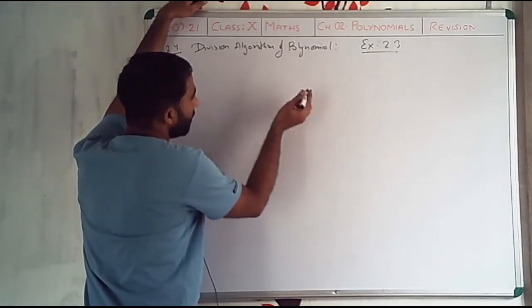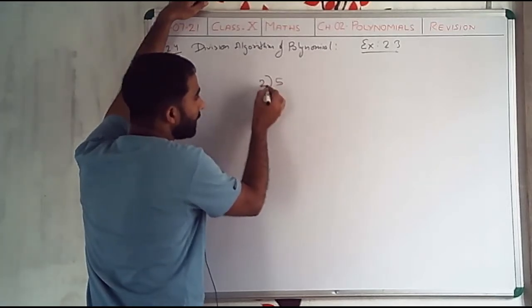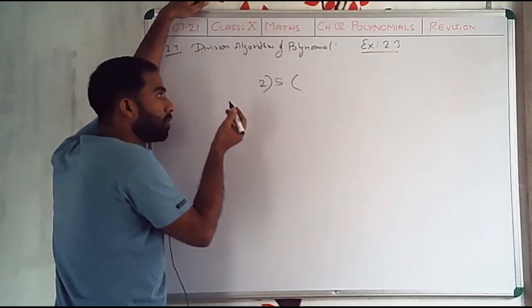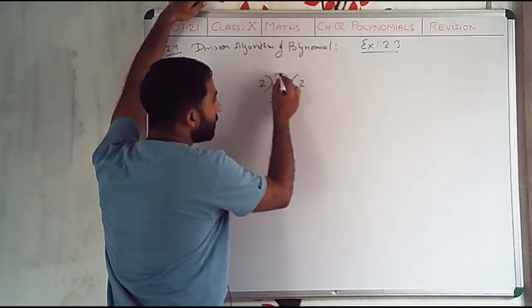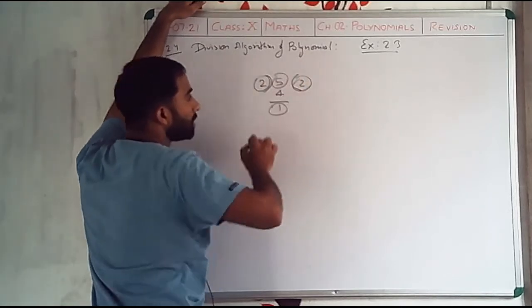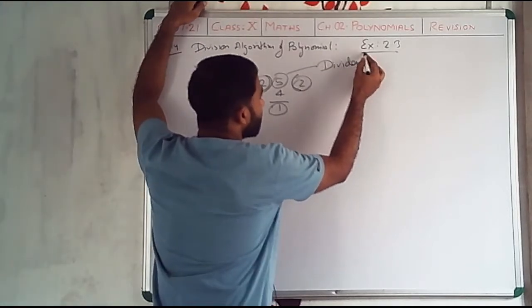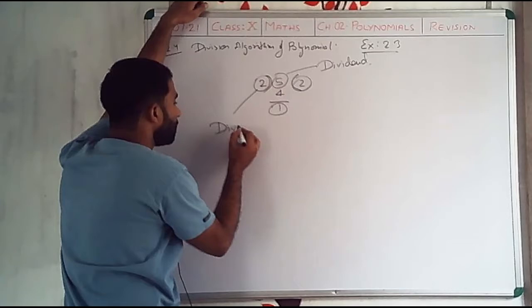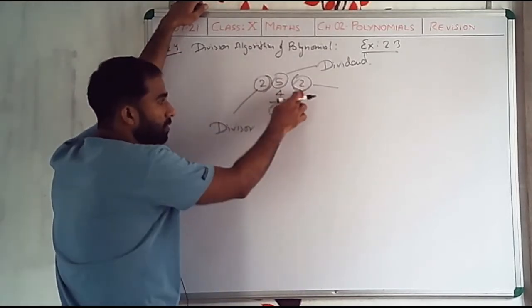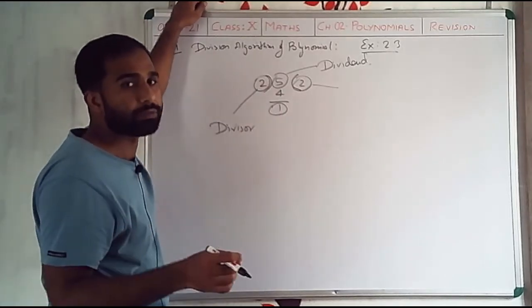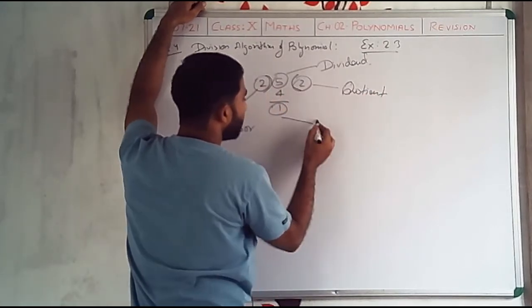Suppose we consider the value 5 and 5 is divided by 2, then we get 2, since 2 twos are 4, and the remainder is 1. So here every part has some specific name. This one is called the dividend, and this one is called the divisor, and I hope all of you know these two terms also have specific names, quotient and remainder.